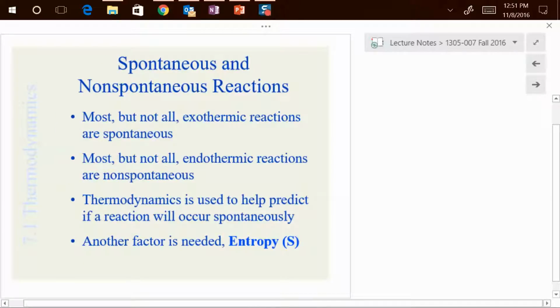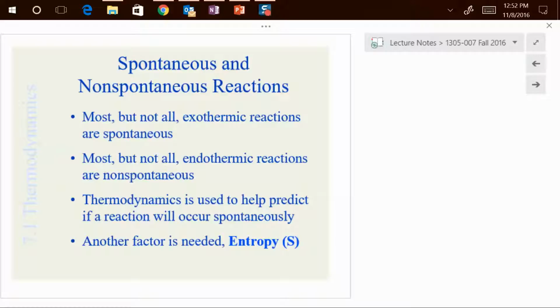So, spontaneous and non-spontaneous reactions. Exothermic reactions are usually spontaneous. So if you release energy, then that's usually based on the fact that it's a spontaneous process, meaning the reaction actually happens at that temperature.